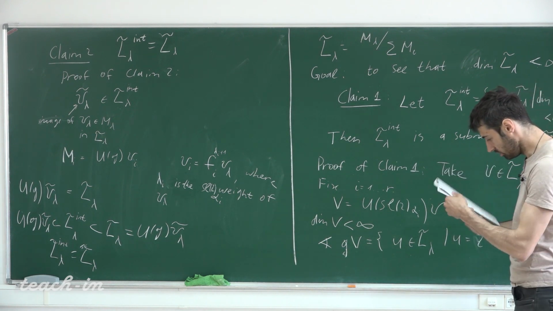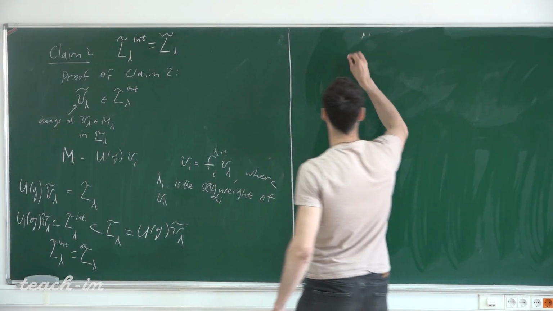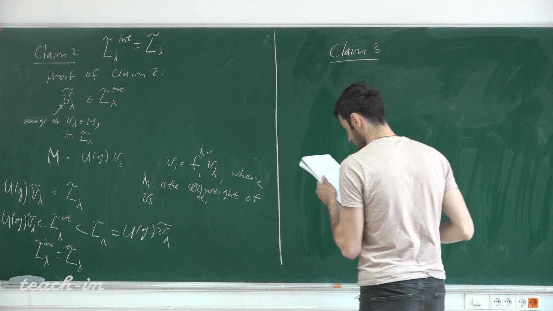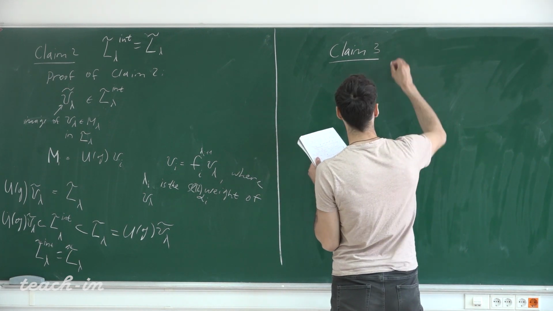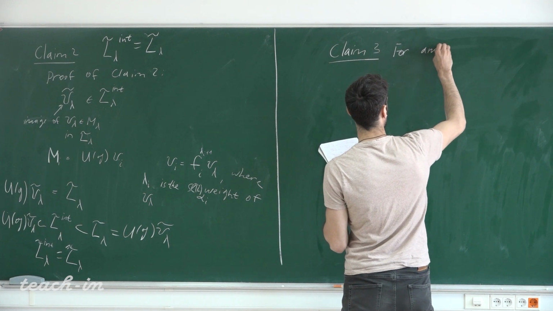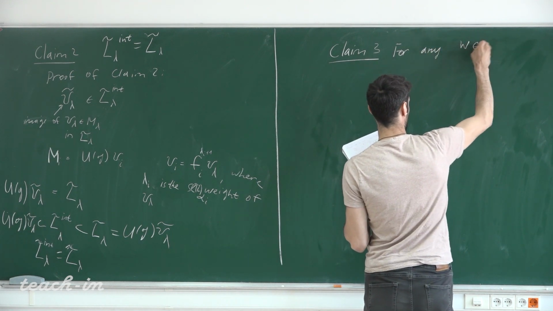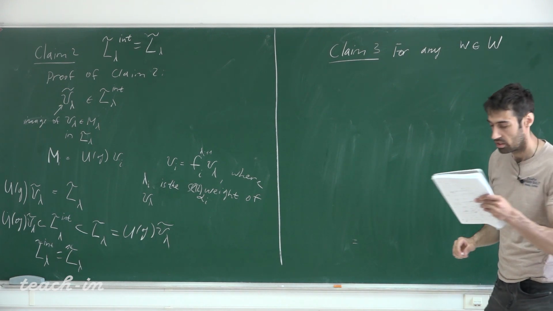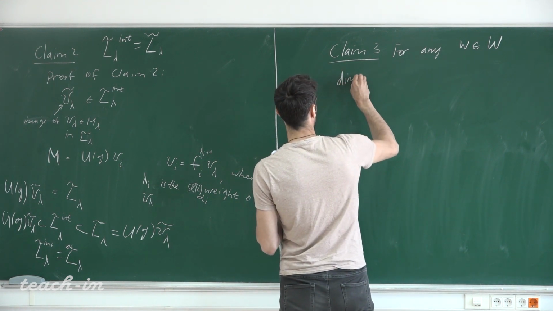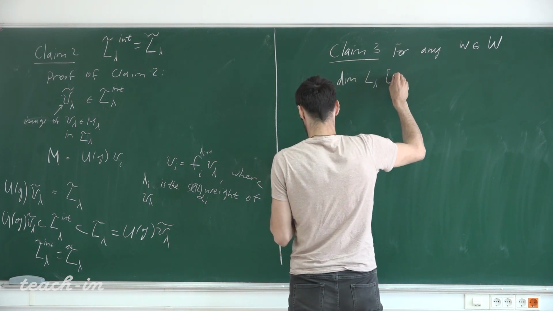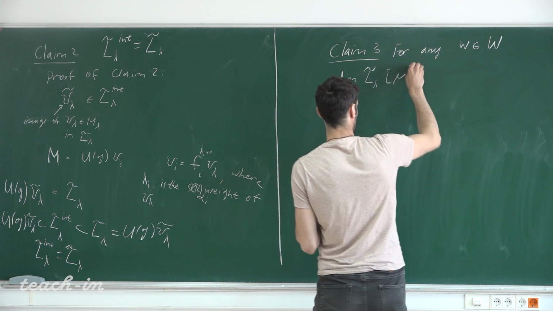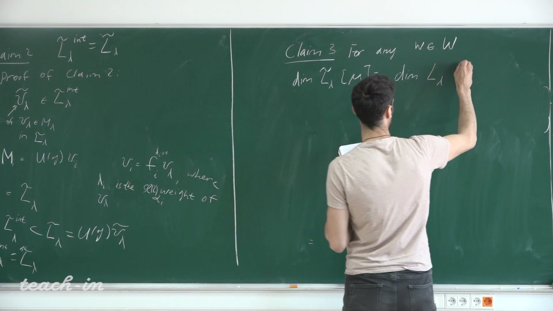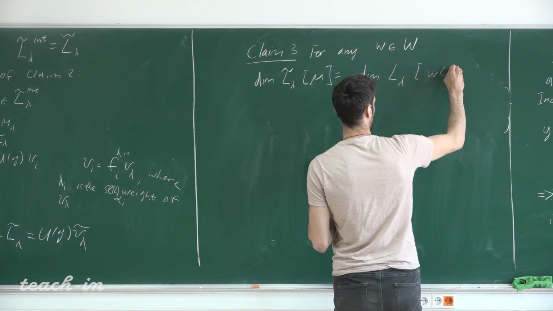All right. And then claim 3 is that actually for any element w of the Weyl group, the dimension of L lambda tilde of mu is the same as the dimension of L lambda tilde of w of mu.